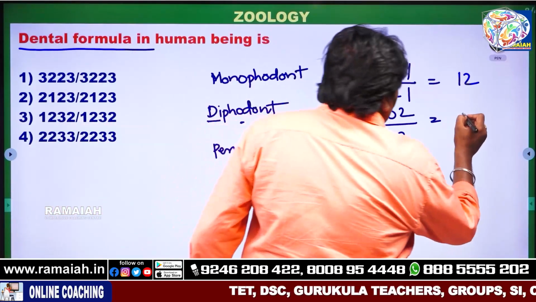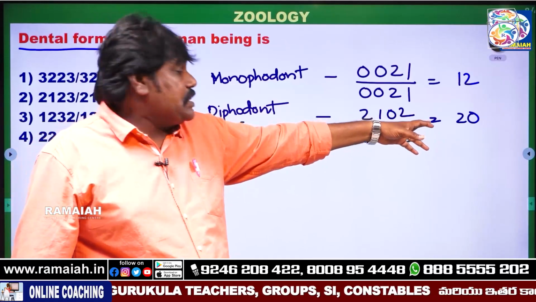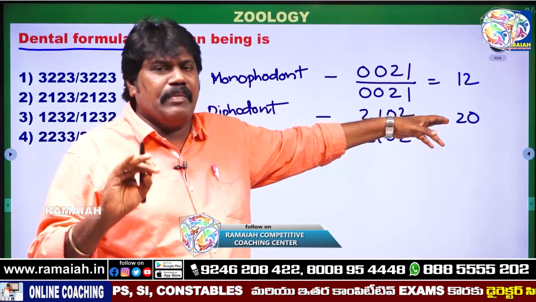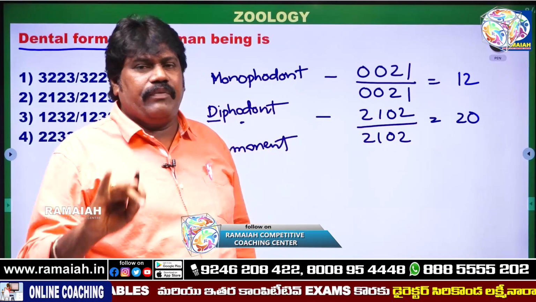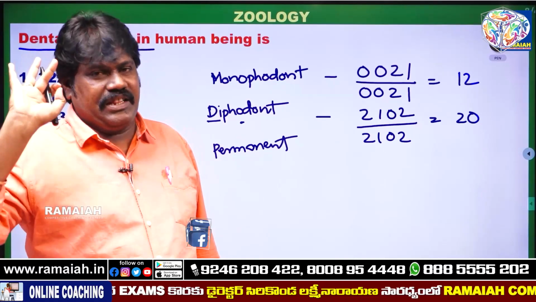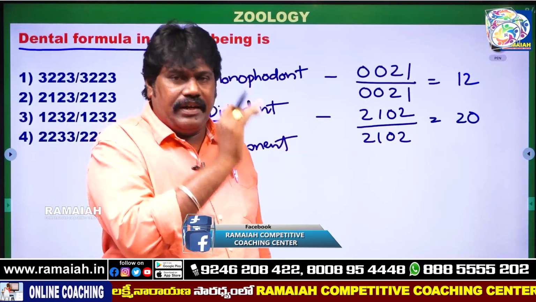Its number is 20. These 20 teeth are also known as milk teeth of human beings. Milk teeth is the common name, and scientifically they are called diphyodont teeth.